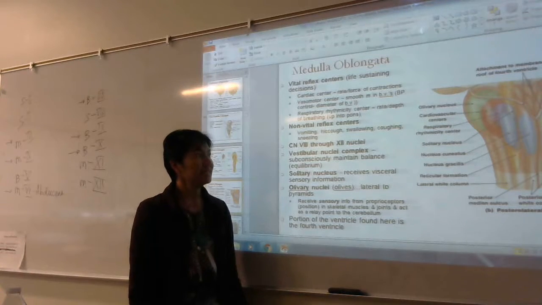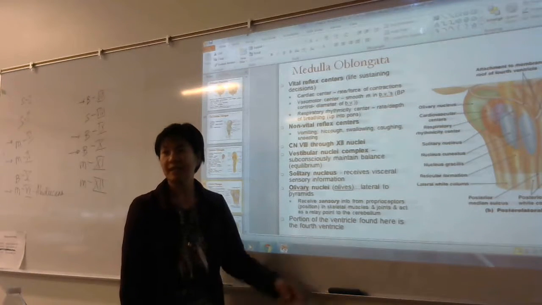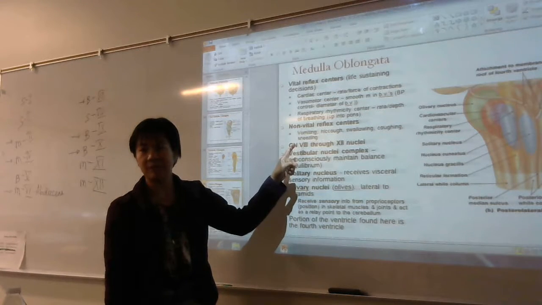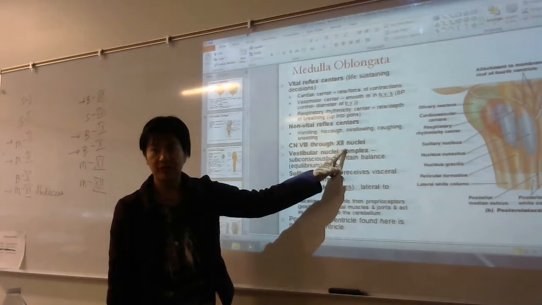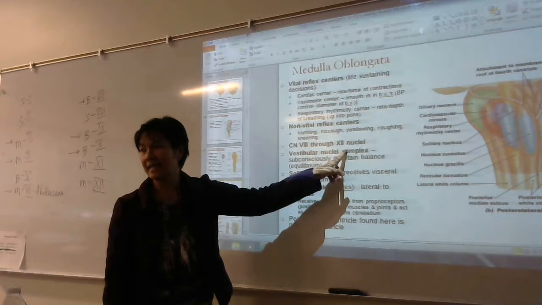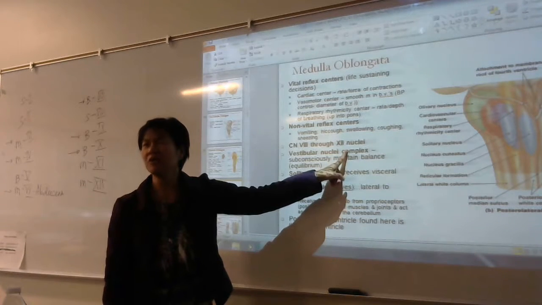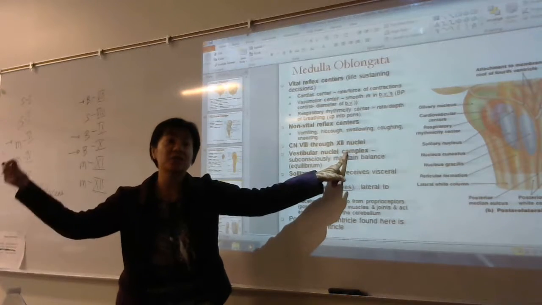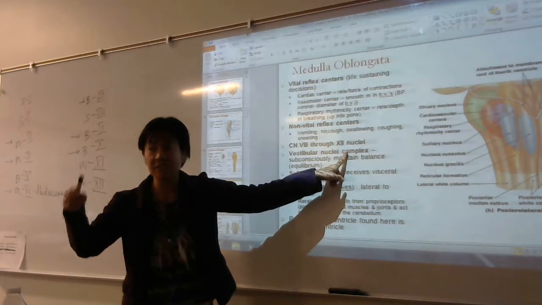Okay? Next to medulla, you're going to also write, this is where you'll find the origin of cranial nerve number 8 all the way to 12. 8, 9, 10, 11, 12. Have you heard of neurological assessment, neurological testing? When you get to the nursing program, that's the first thing.